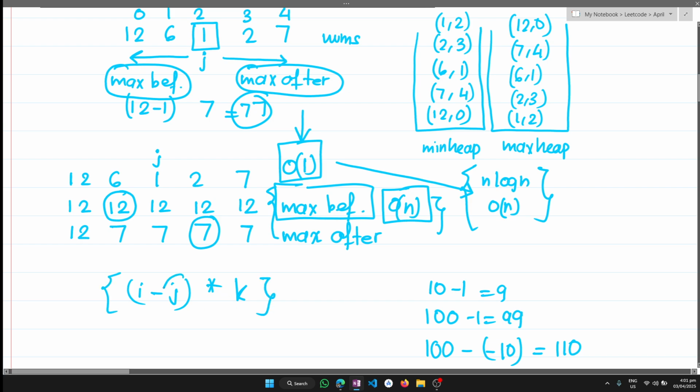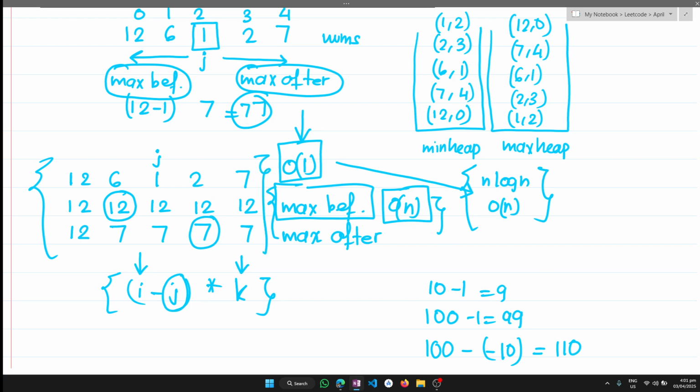So if you fix j, what do you need? You want to know the maximum number before the jth index and the maximum number which is after the jth index, right? So you are simply doing that over here, nothing else, right? So let's have a look at how we can code this solution up.